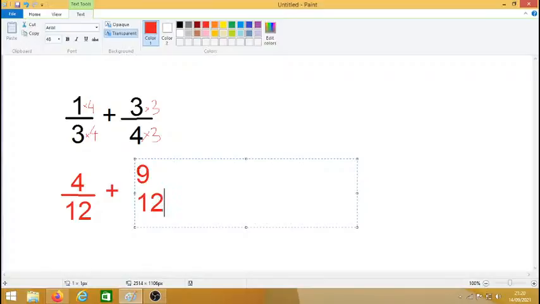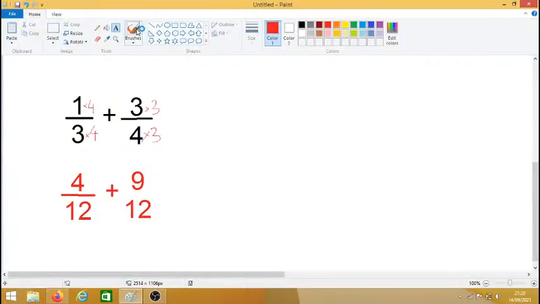The rest is just normal from here. And this works for adding and subtracting. Same technique. Just look at what's at the bottom of the other fraction, times by that, top and bottom. So then we end up with 13 over 12, which we can then change to 1 and 1/12.